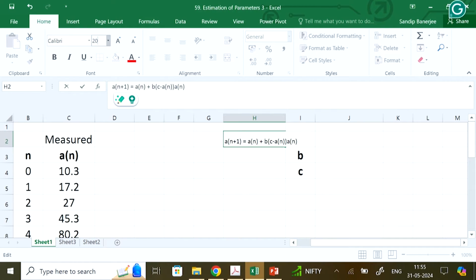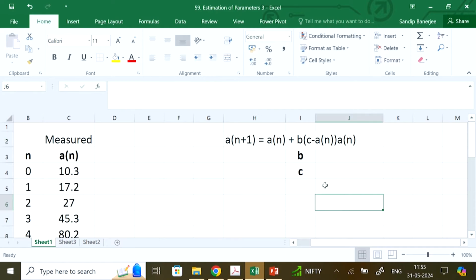And I just make this font 20. So, this is the equation. B and C are the unknown parameters.